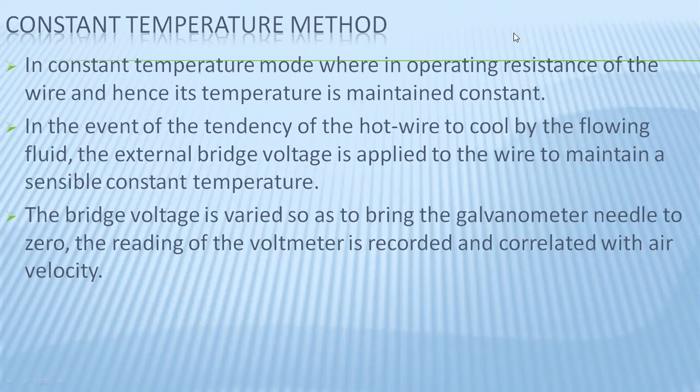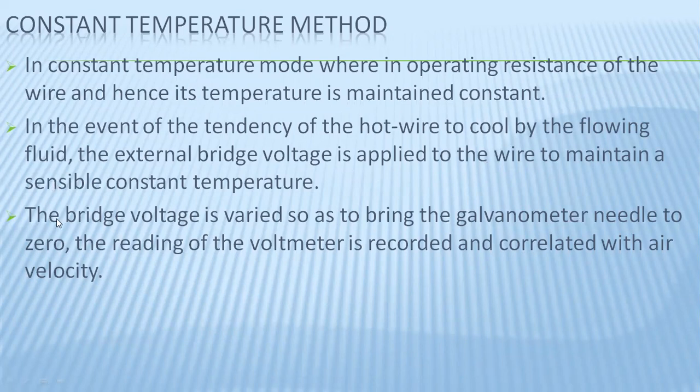In constant temperature mode, the operating resistance of the wire, and hence its temperature, is maintained constant. In the event of the hot wire tending to cool due to the flowing fluid, we maintain a constant temperature on the anemometer.